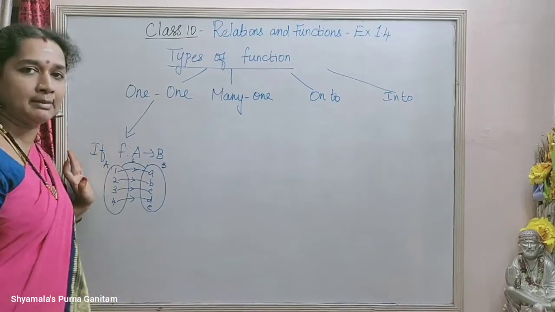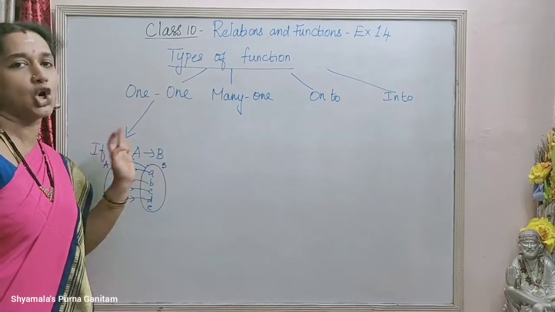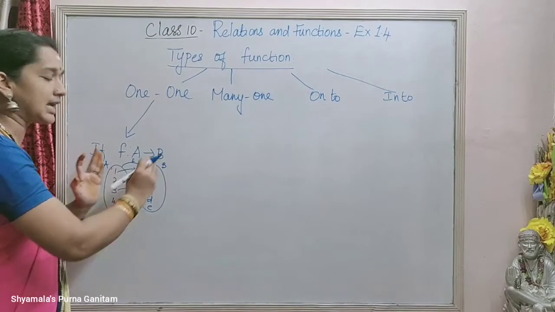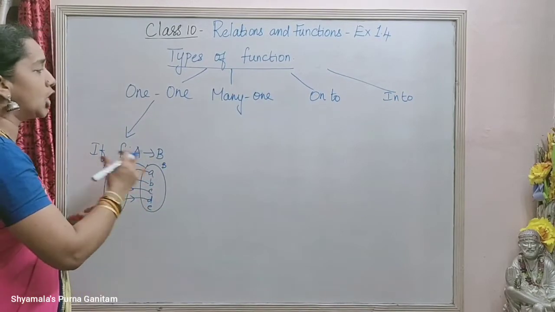One element has one image on the other side, so different elements have different images on the other side.